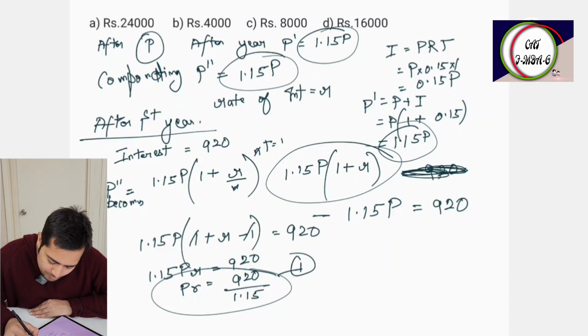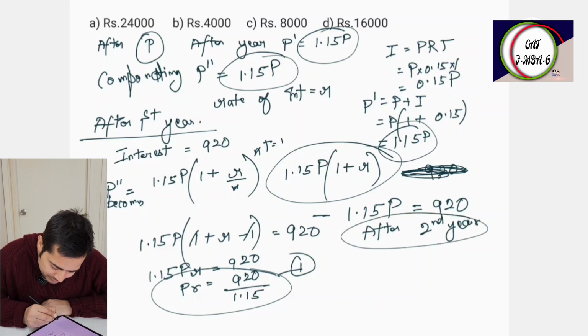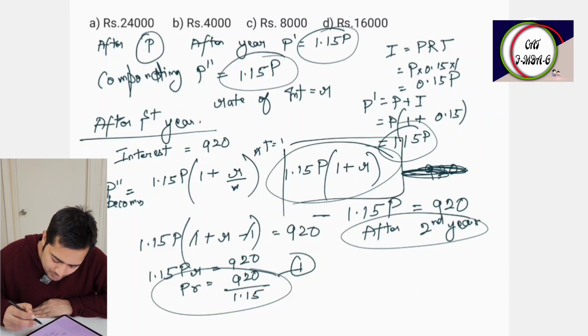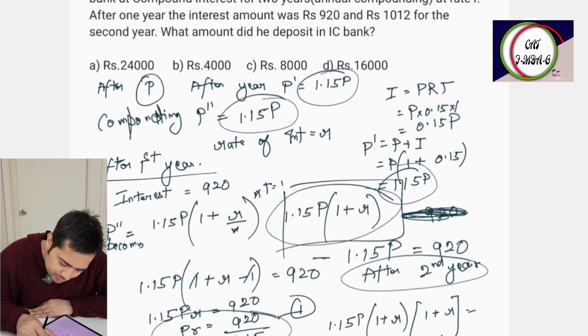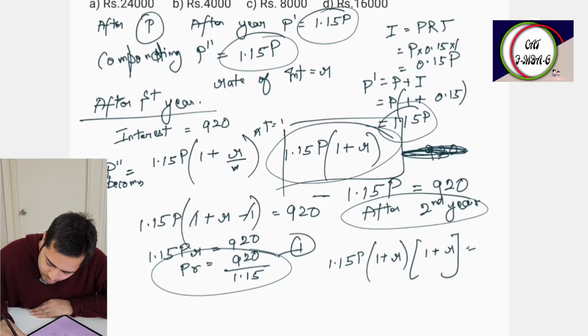Now it is given that after second year, what is our P now? P has become this. So P into 1 plus R squared minus the original P is equal to 1012.